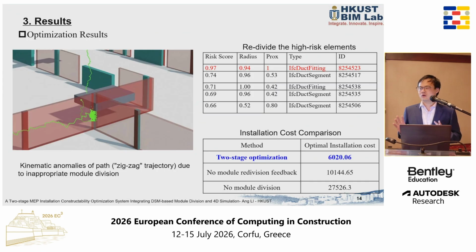Quantitatively, we compare the installation cost of different methods. Our method has a very significant improvement over no module division, and also over normal module redivision feedback. This proves the significant improvement of the constructability of our method.